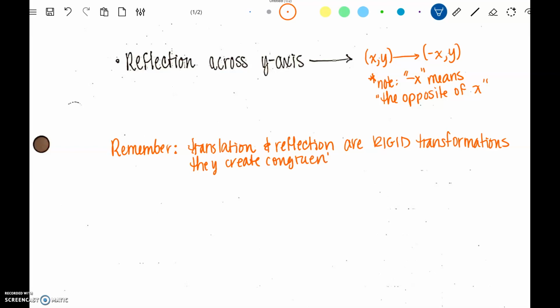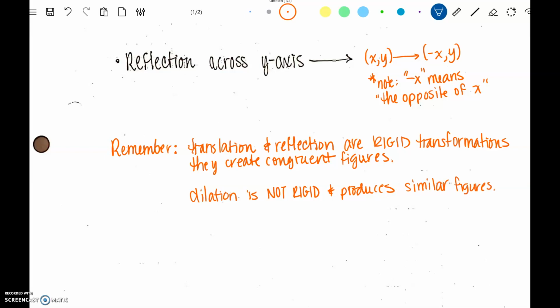Same shape and same size. A dilation, however, is not rigid and produces similar figures. Same shape, but different size. And that'll be important in just a little bit.